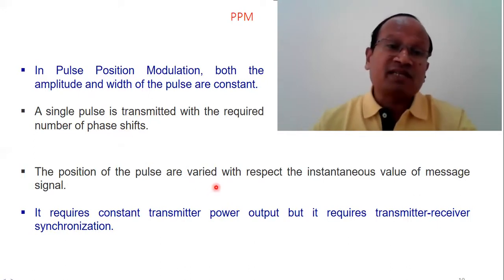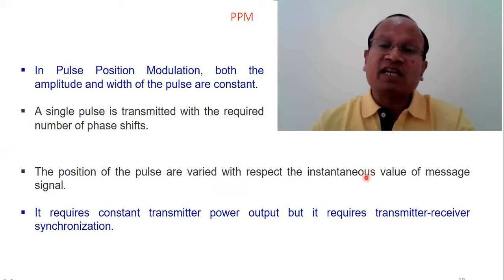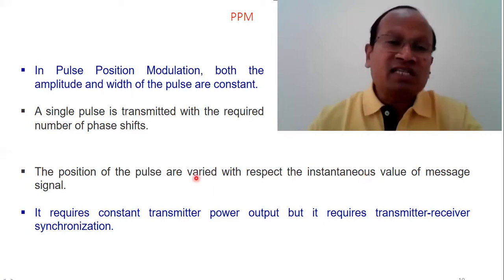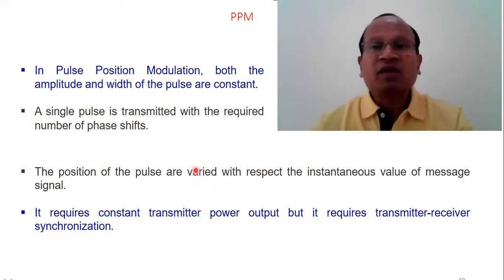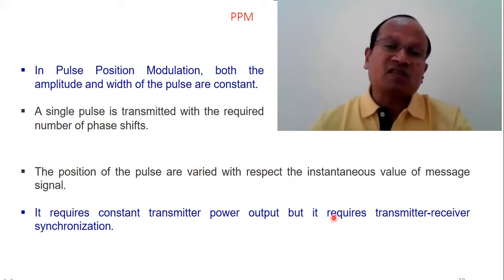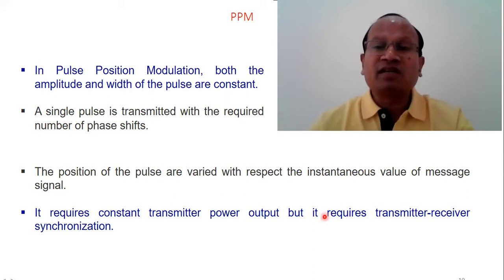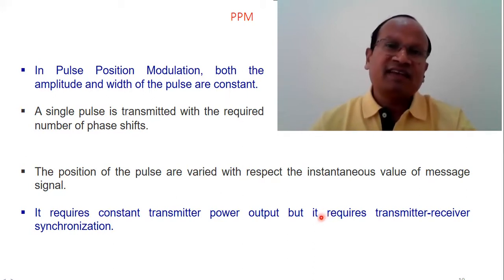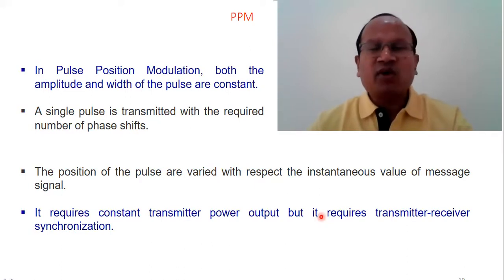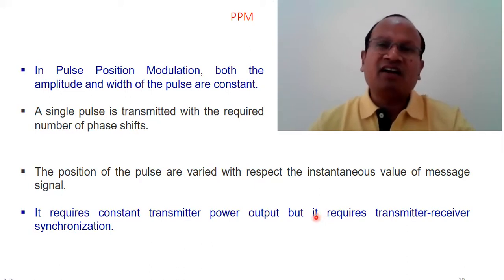The position of pulses varies with respect to the instantaneous value of the message signal. It requires constant transmitter power output, but it requires transmitter-receiver synchronization. In PPM, there is one more requirement called synchronization.